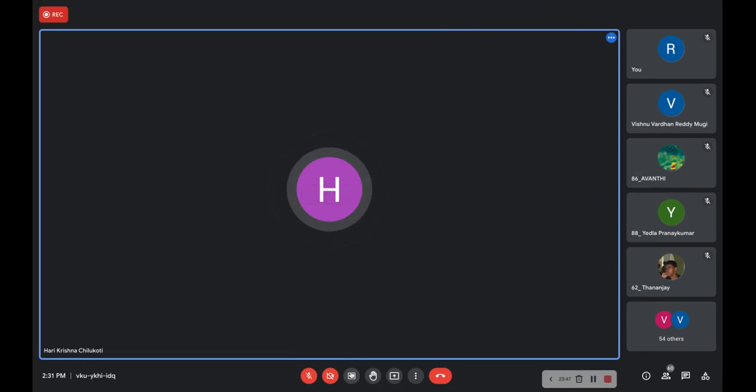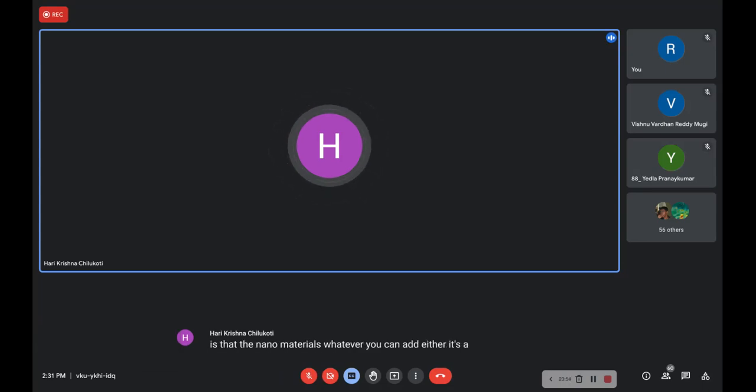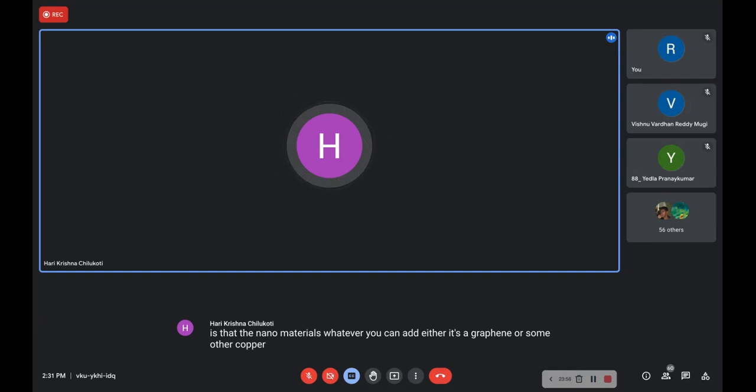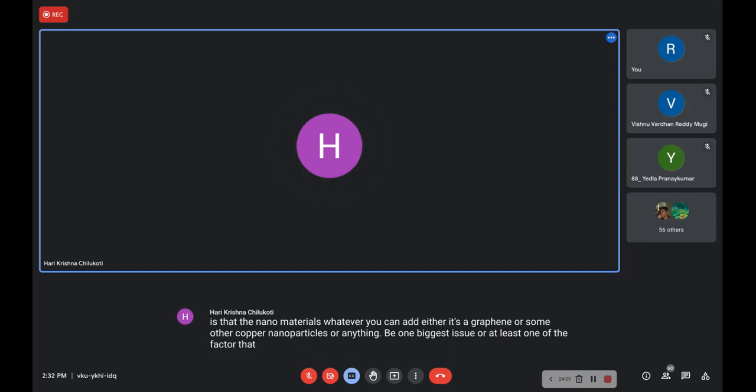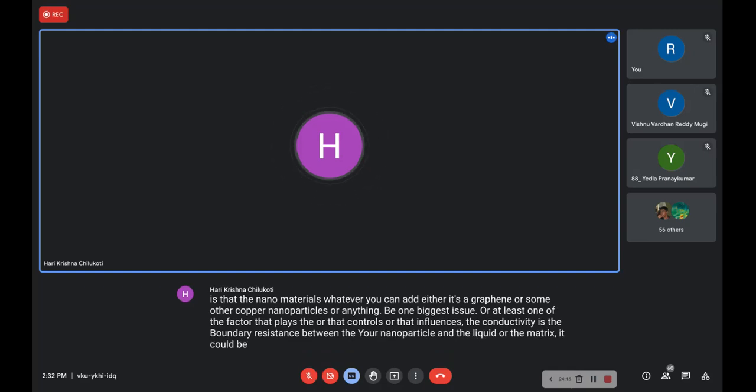However, there is one challenge: whatever nanomaterials you add, either graphene or copper nanoparticles or anything, one of the biggest factors that influences the conductivity is the boundary resistance between your nanoparticle and the liquid or the matrix. It could be a solid also that is connecting.